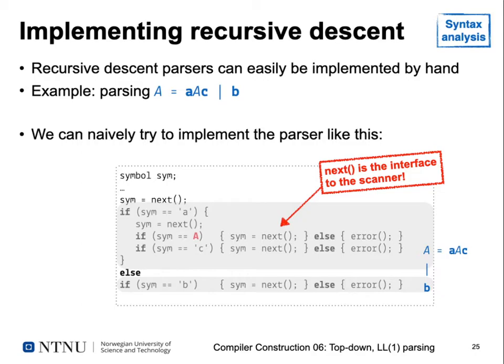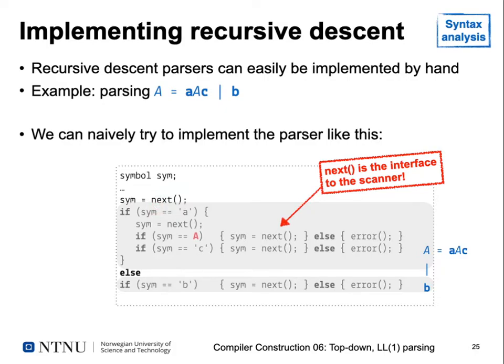Let's say we have a very simple interface, a function called next. Next calls the scanner, reads whatever is required and returns a symbol, which in this case is simply a single character. So we call next for the first time, which delivers the first symbol in our input stream.